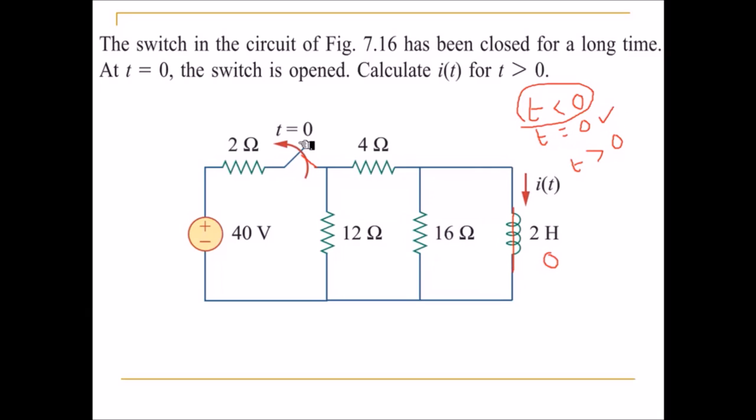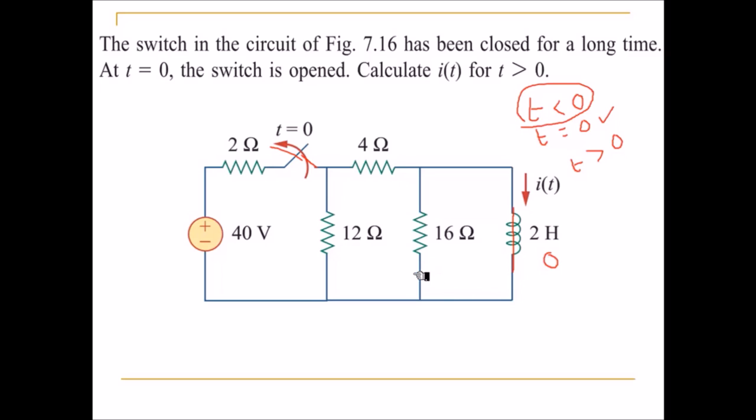When t is equal to 0, you are opening the switch. So you have only a resistor and inductor combination, and we are interested in analyzing the circuit for t greater than 0. After you open the switch, how does the inductor supply current to the rest of the components, and how does the inductor current reach 0 from its initial value?